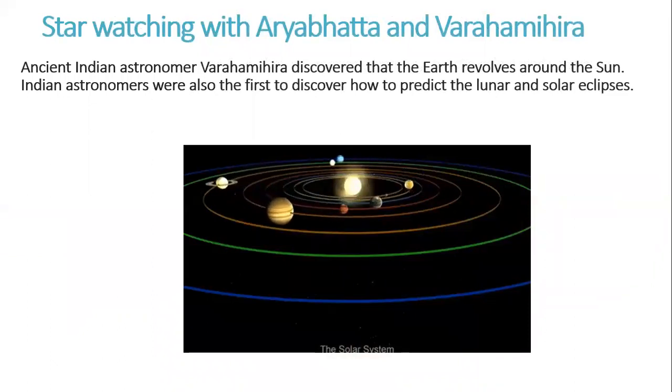Well, if you think Aryabhatta just knew maths, he was very good at astronomy as well. Ancient Indian astronomer Varahamihira discovered that the earth revolves around the sun. Indian astronomers were also the first to discover how to predict the lunar and the solar eclipse that you study in science and geography as well.